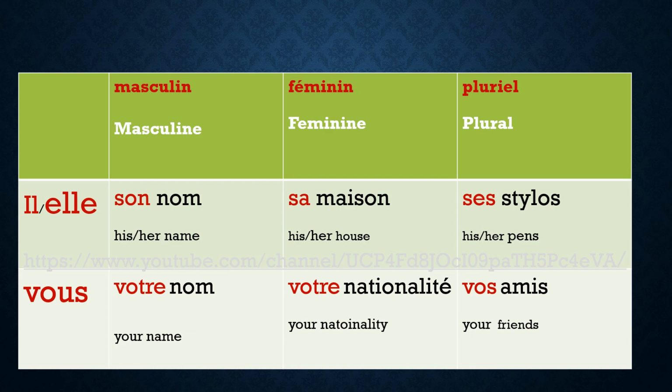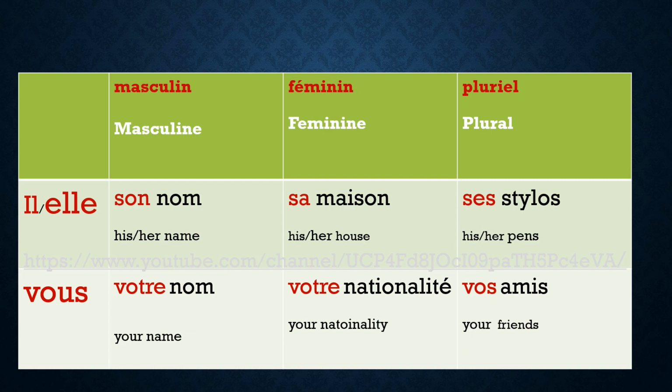But if we are talking about plural, then we will use vos, V-O-S. Votre, votre, vos. Your friends, a group of people. We are talking about a group of people, so we will use the plural form, vos. Okay. Votre nom, votre nationalité, vos amis.